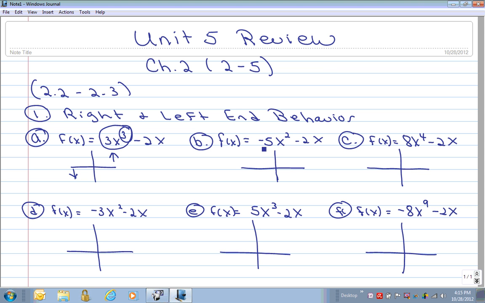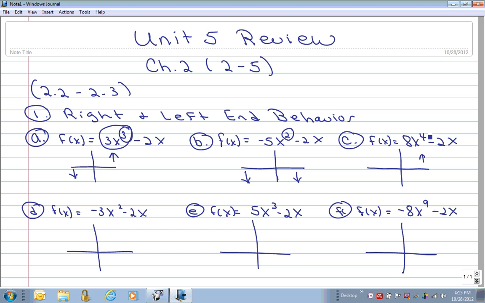For B, we have a negative leading coefficient. That means on the right we would go downward. And we have an even exponent. The highest degree is even, and so the left would be equal to the right side, so we would also be going downward. In example C, we have a positive leading coefficient.